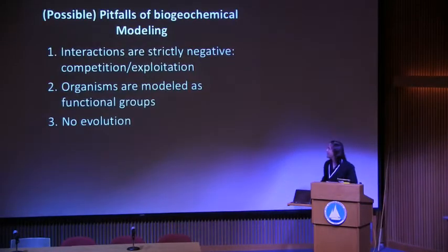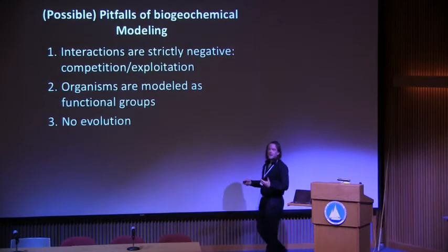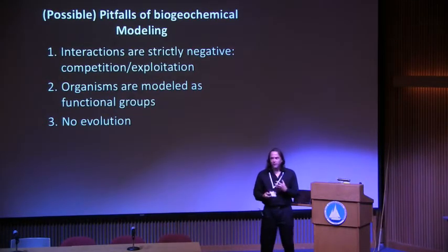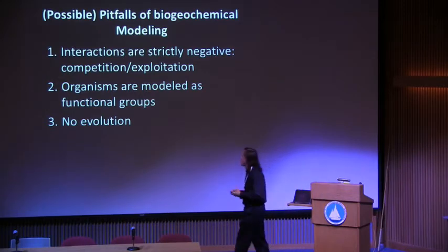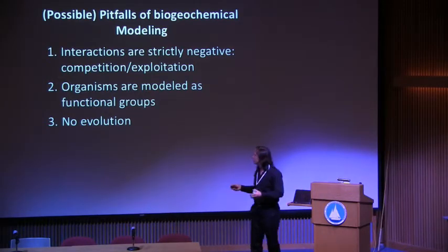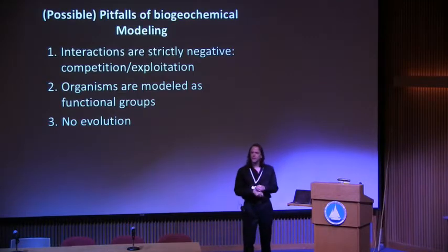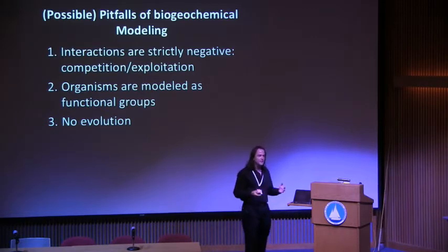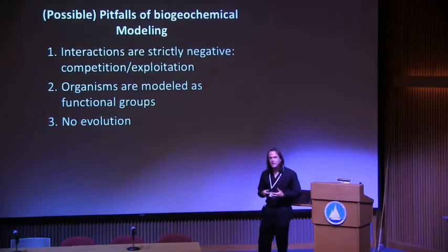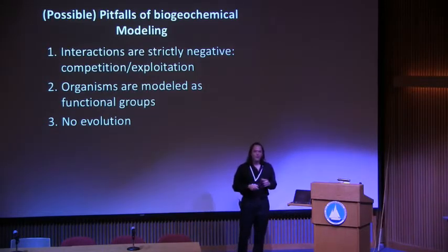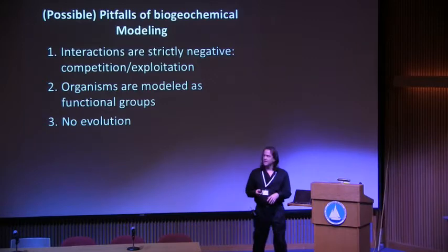Okay, so that being said, there are some potential pitfalls to the way these models are put together that really stick in the craw of us evolutionary biologists, who like to study real organisms. And one of the things, of course, is that we model everything as functional groups, right? So the tens of thousands of beautiful diatom species out there that get some people interested in biology to begin with are just lumped together in one box that eats silicon, right?